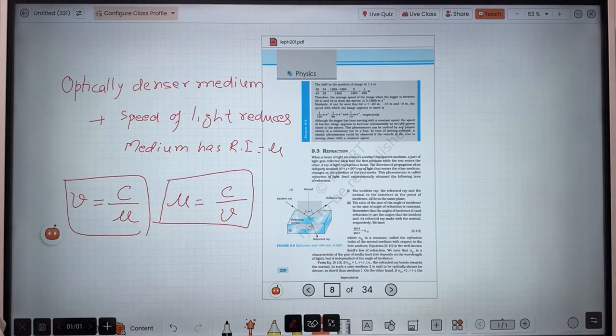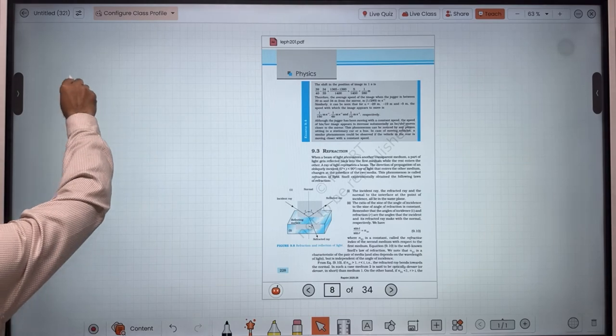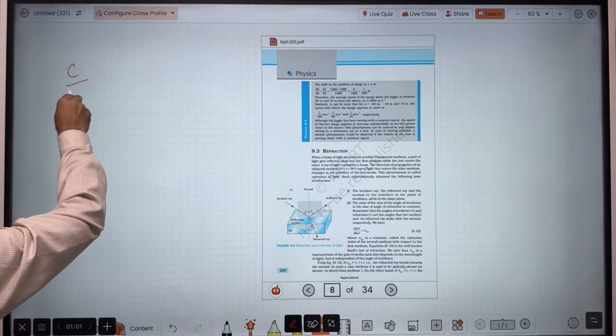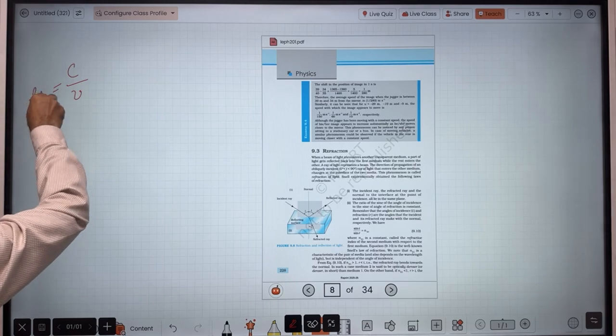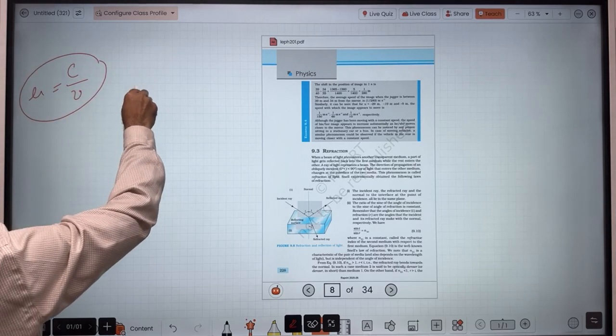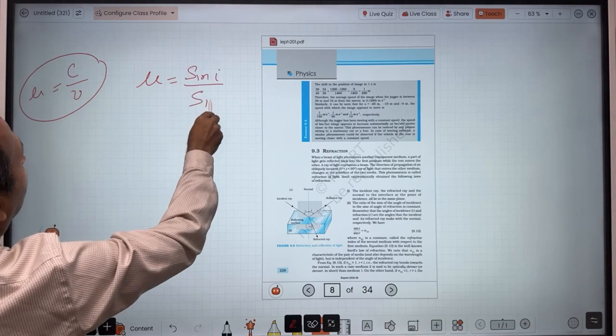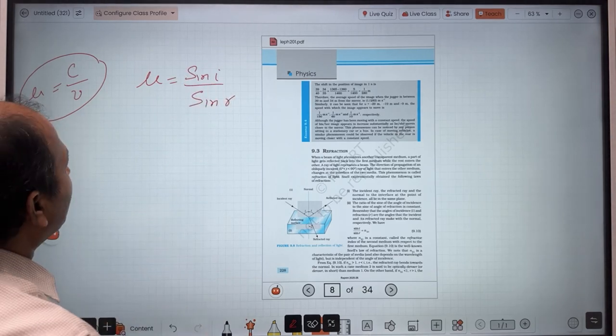So this is another formula. So we have two formulas for refractive index. One is c upon v is mu, this is the first one. Another is mu is sine I divided by sine R.